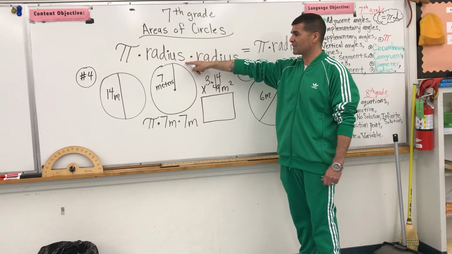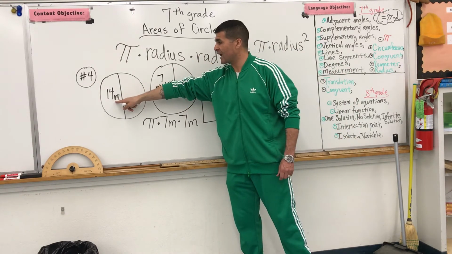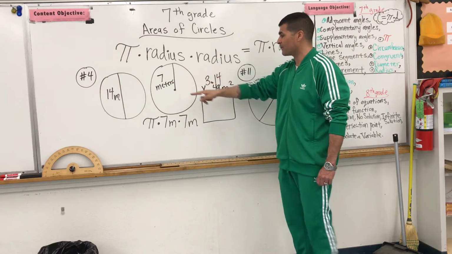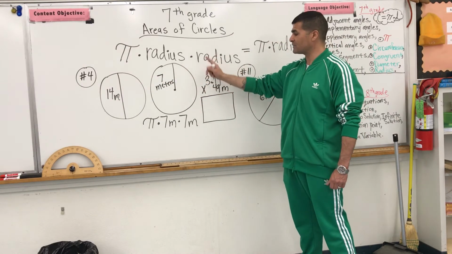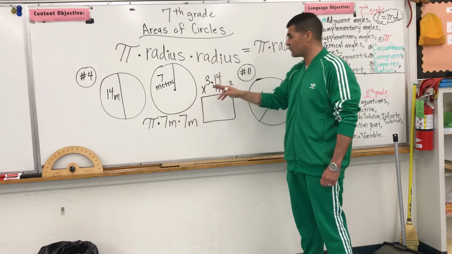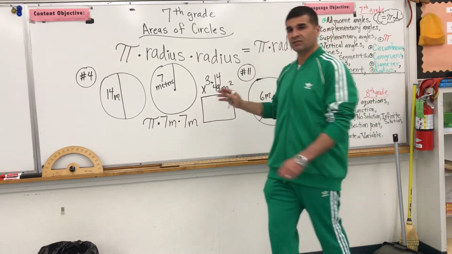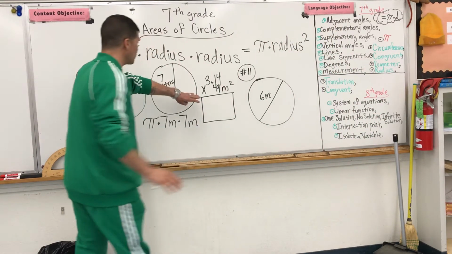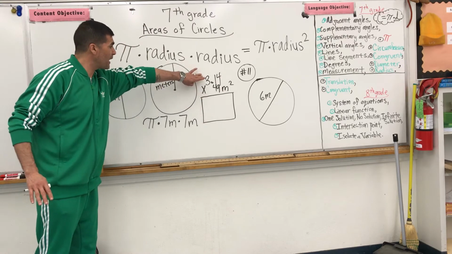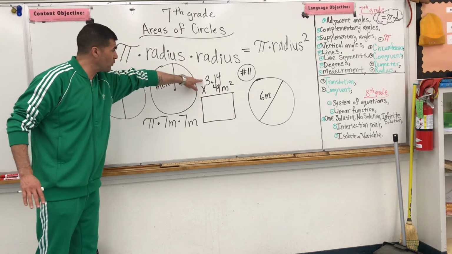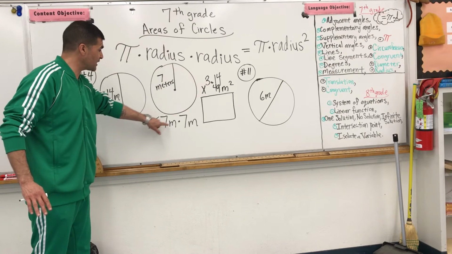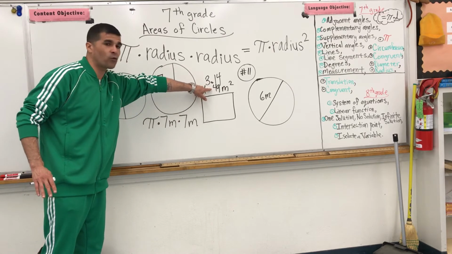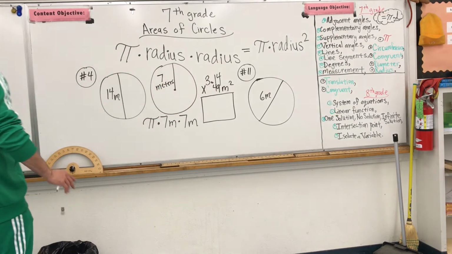We use the radius. So we cut this diameter in half, and we got 7. So 7 times 7 meters is going to give you 49 meter squares. So at this point, what you're going to do now is multiply pi, which is 3.14, times 49 meters squared.